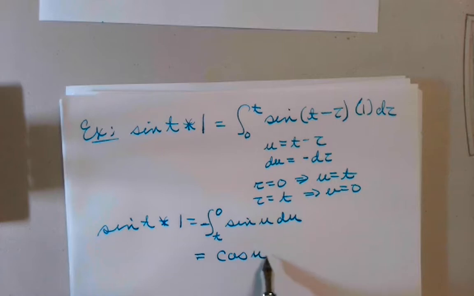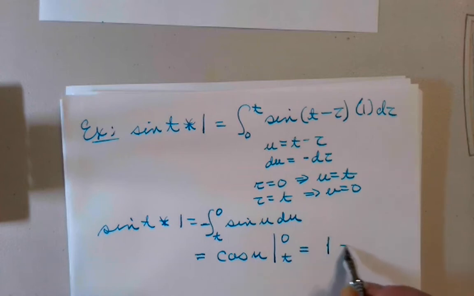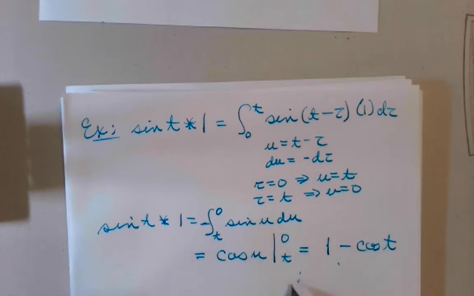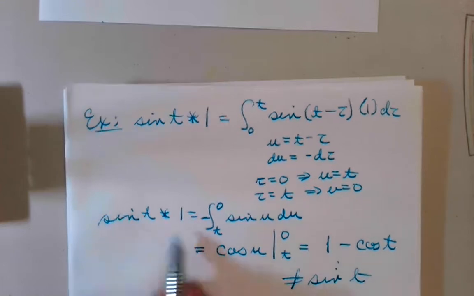So this becomes cosine of u evaluated from 0 to t. So that's cosine of 0, which is 1, minus cosine of t, which is definitely not equal to sine t. Okay, so sine t convolved with 1 is definitely not equal to sine t. So it's not at all like multiplication, even though that asterisk might make you believe that it's close to it.